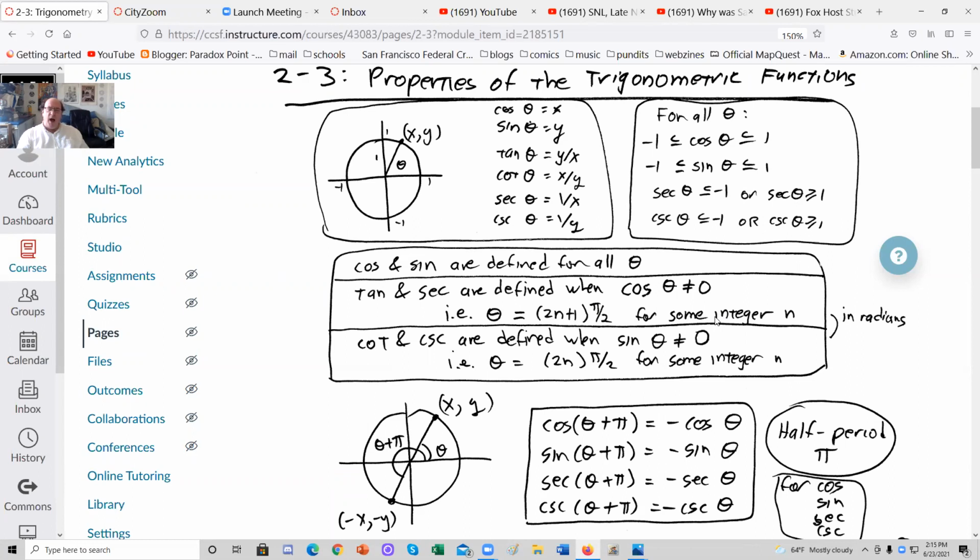So it would be an odd multiple of 90 degrees. And cotangent and cosecant are defined when the denominator sine is not 0, and so that would be except at theta equal 2n times pi over 2. In other words, some even multiple of 90 degrees.